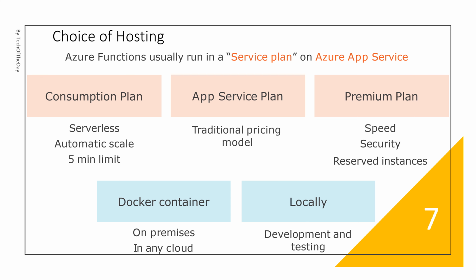Alternatively, you can also run Azure Functions in a Docker container, and we have already talked about Docker possibilities, allowing you to benefit from the Azure function programming model on premises or in any cloud provider. And you can run Azure functions locally, which is great for development and testing. In this course, I will show you examples of running Azure functions in the consumption plan and locally. So let's get started.